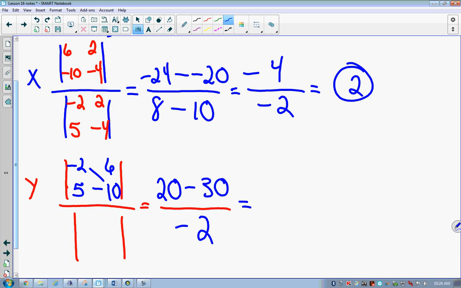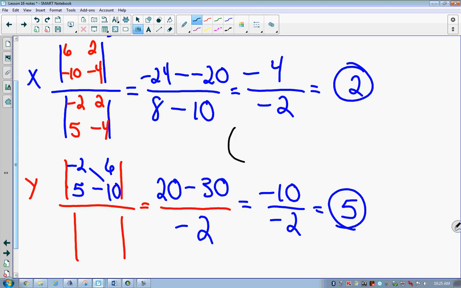All right, leaving me with 20 minus 30, negative 10. Negative 10 divided by negative 2, 5. All right, so what are my coordinate pairs? 2 and 5. The more you do these, the quicker you can kind of get at it. It's getting easier.